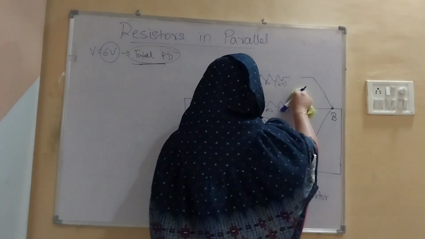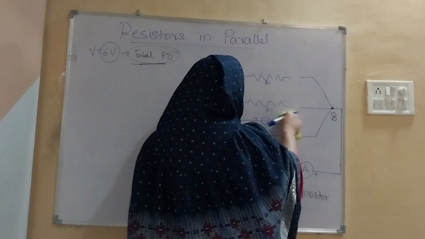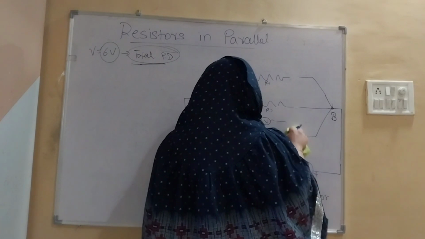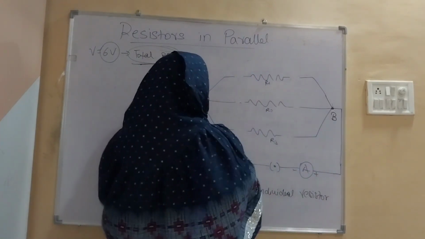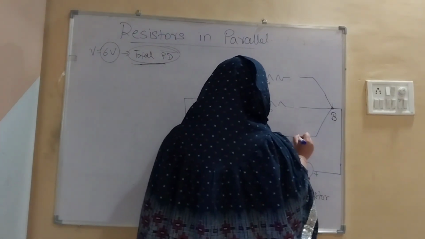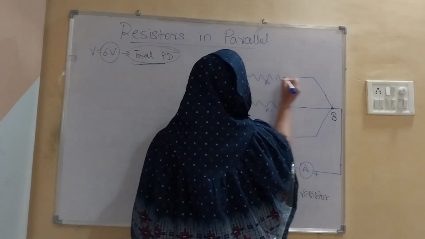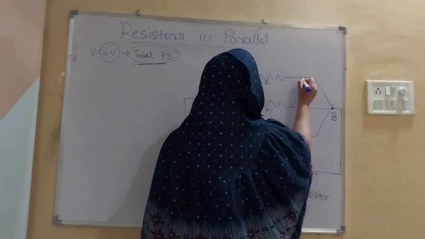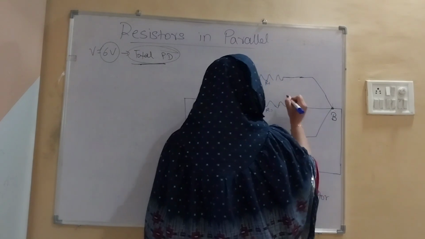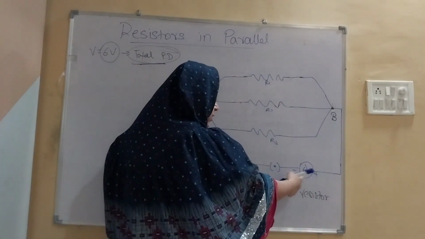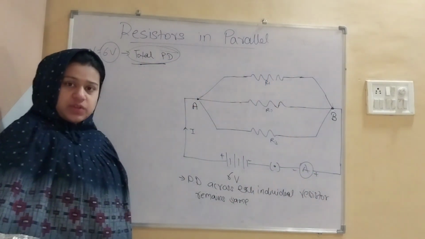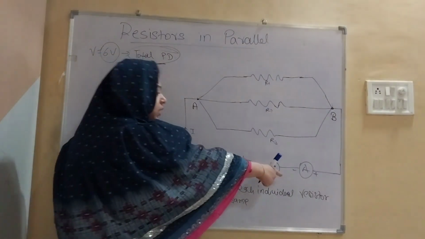Now moving on to the current. Let's see what happens to the current. First of all, we attach the ammeter to the circuit and note down the total current.